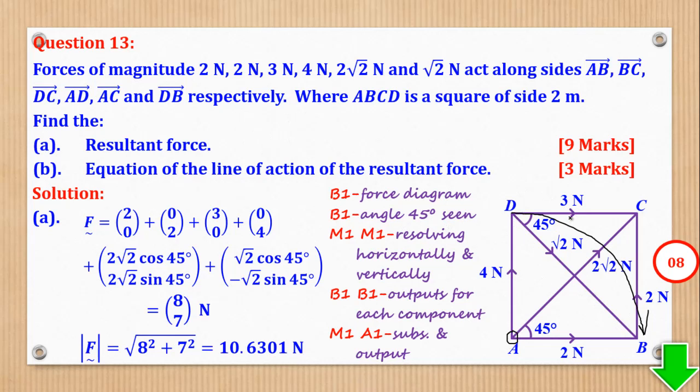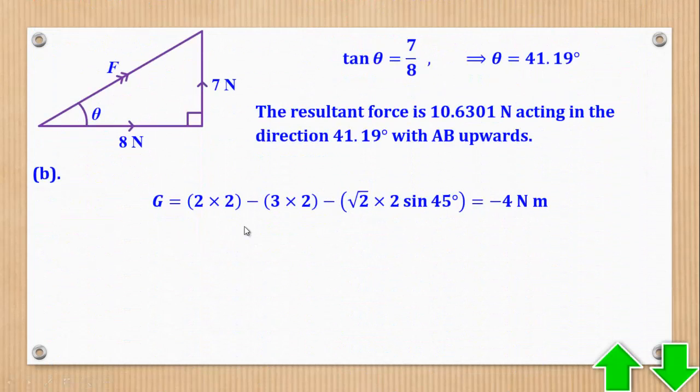So clockwise means it is negative. That's why there was a minus. Same applies to this. If I'm here, this force will cause clockwise moment. That is why there was a minus. So that explains why we have minus here and minus there.